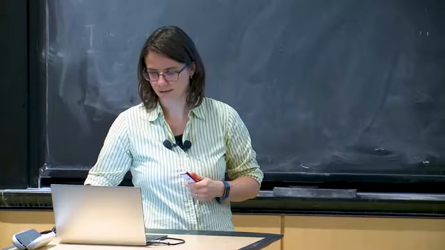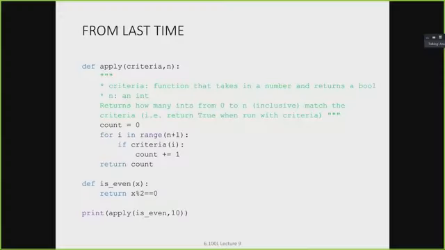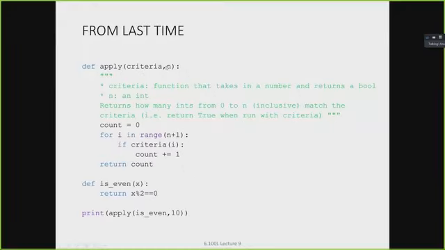So let's remember what we did last time. We ended with this example. We created a function. You guys wrote it for me, and then we wrote it and debugged it together. We created this function called apply. What was interesting about this function is that one of its parameters was a function, and the other one was an integer.